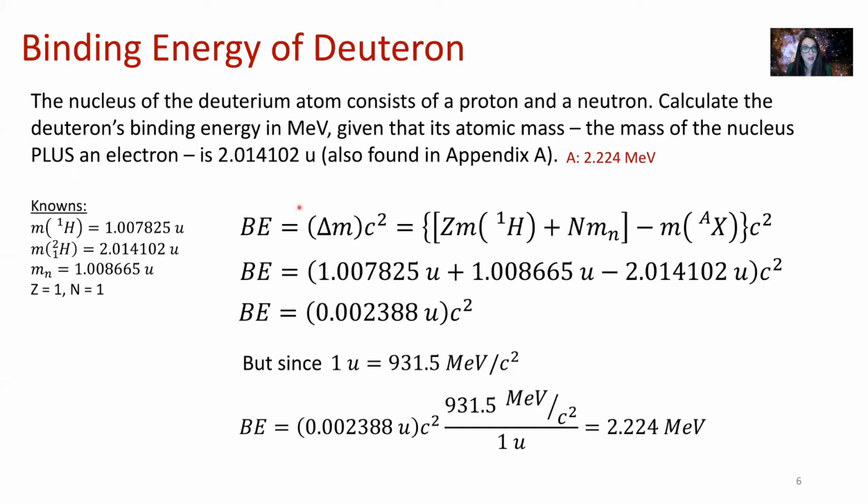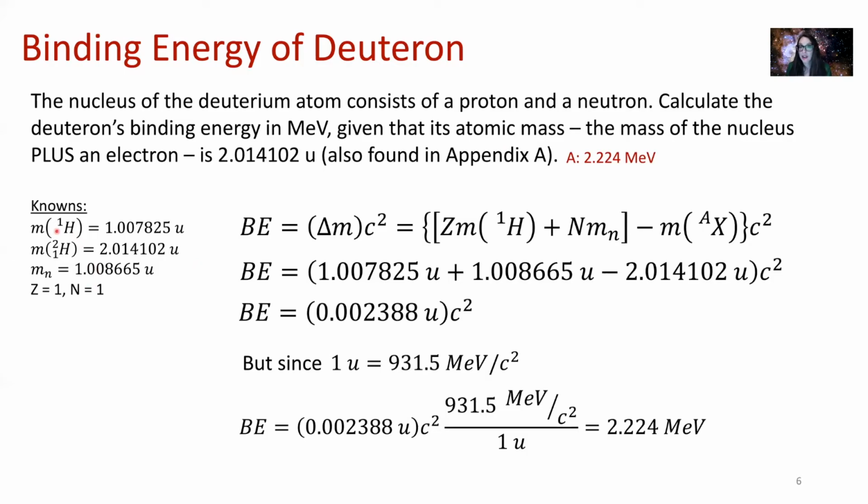We could also find this mass of the deuterium atom in Appendix A in your textbook. So our binding energy was this quantity that we call delta M c squared. We take Z, our number of protons, which in this case is 1, times the mass of one hydrogen atom.